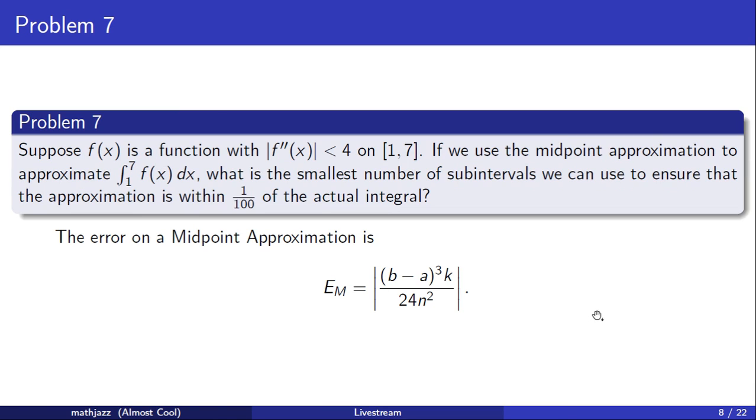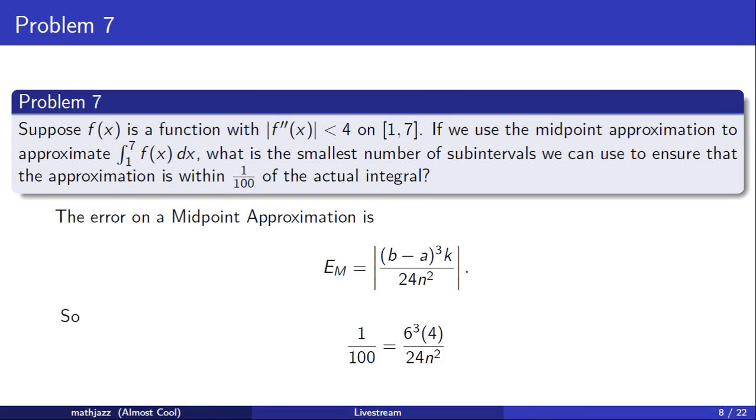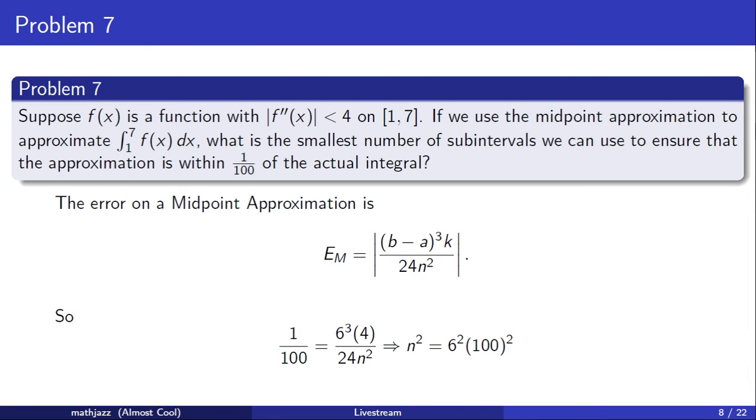Here's our formula for the error bound on the midpoint approximation. We know that b minus a is 6, k is 4, we're solving for n, and we want the error to be 1/100th. So we plug those in and we get this equation. From here, we solve for n squared.